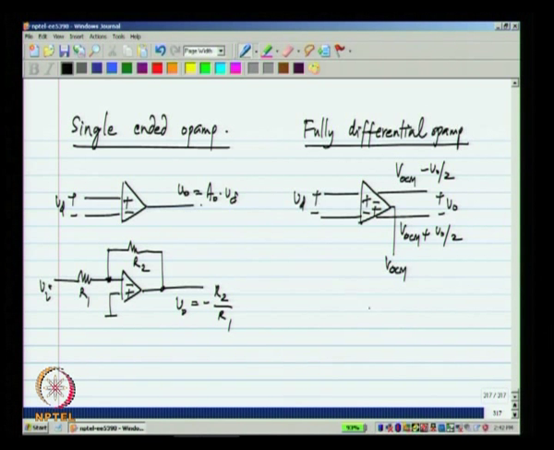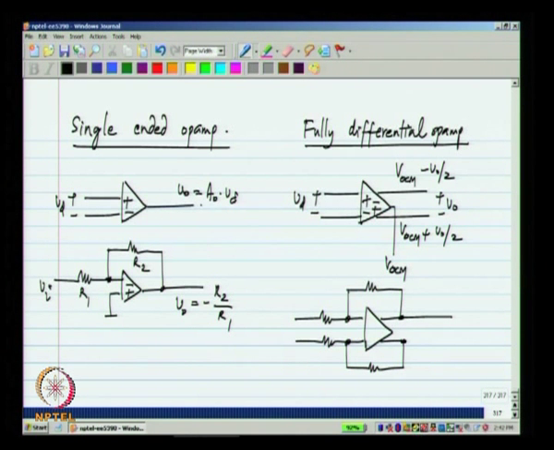Now, the fully differential version of this circuit would be like this. The input is a differential voltage here and the output differential voltage will be minus R2 by R1 times VI.